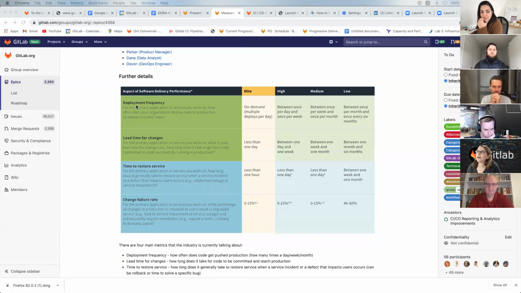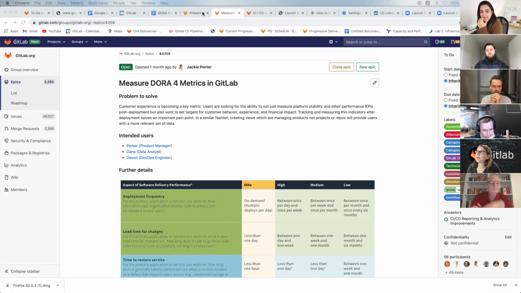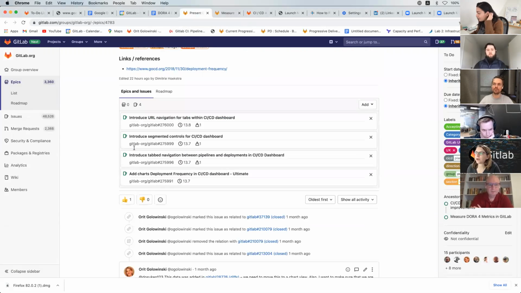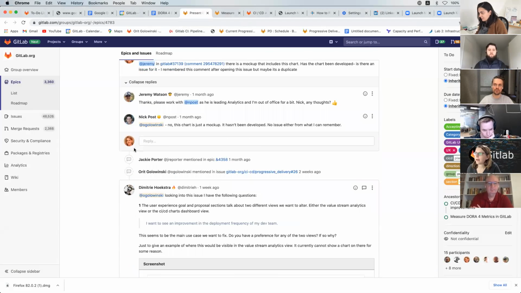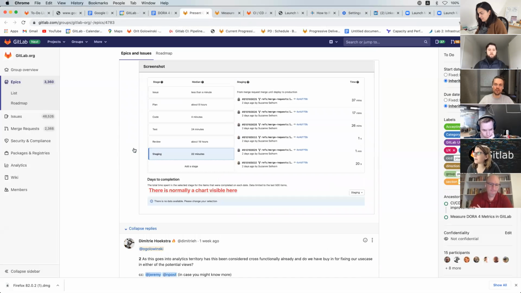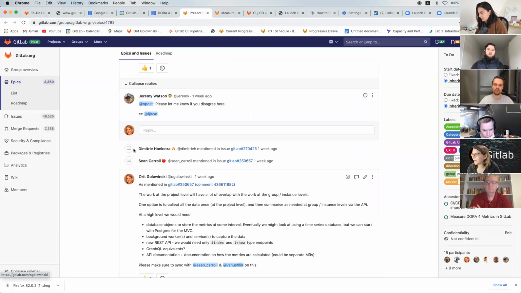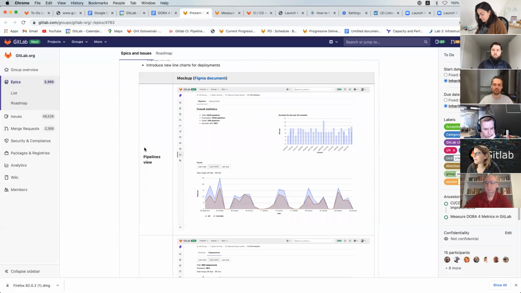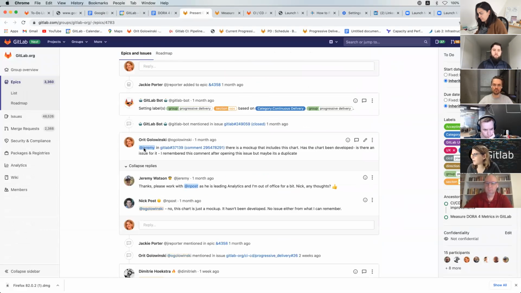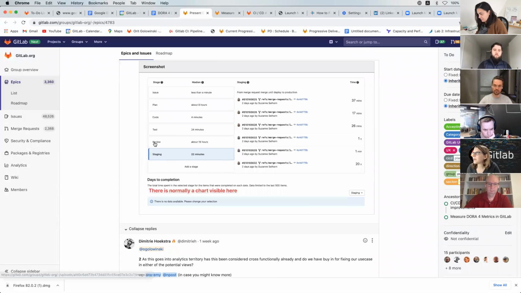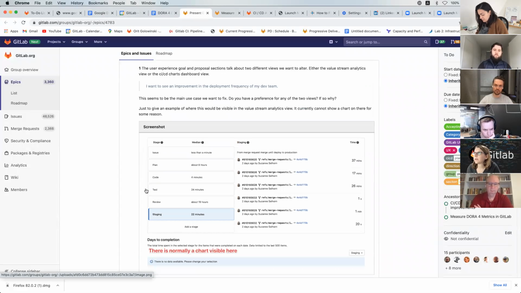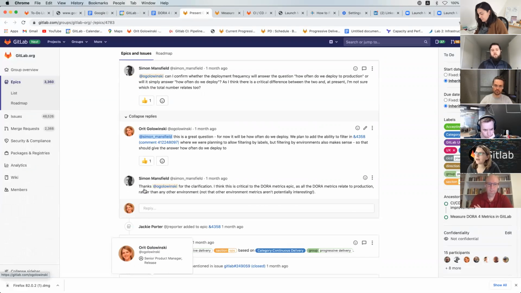So specifically for deployment frequency, this data actually is already being collected. We have something called value stream analytics, and they are already collecting this data in numerical form.